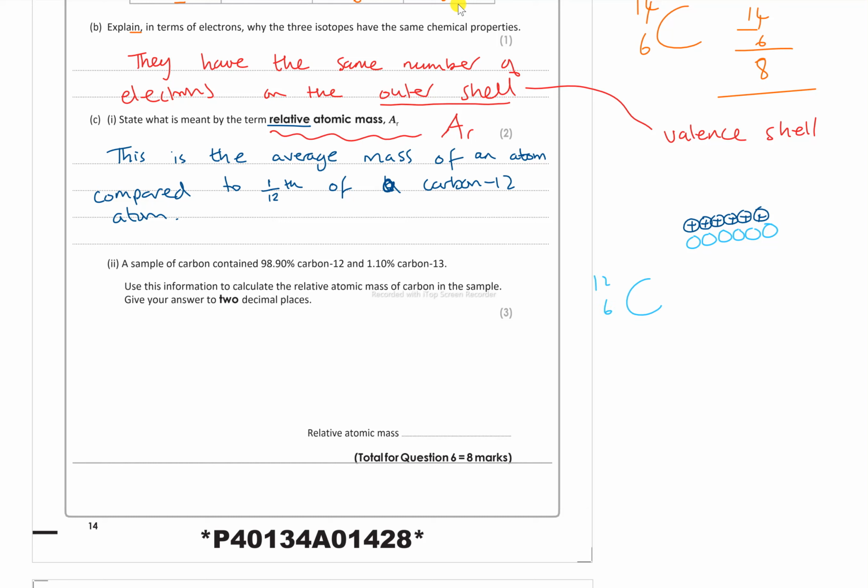It's got 6 protons, 6 neutrons. We ignore the electrons in terms of the mass. So what they said was a carbon atom weighs 12 units or whatever it is. If they split it up into 12 parts, one of those parts is going to be 1 unit.